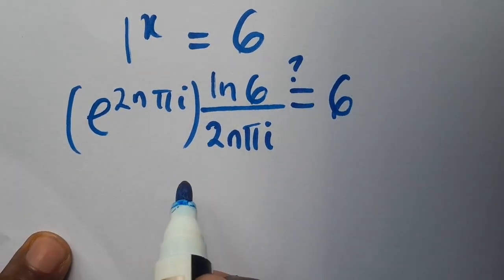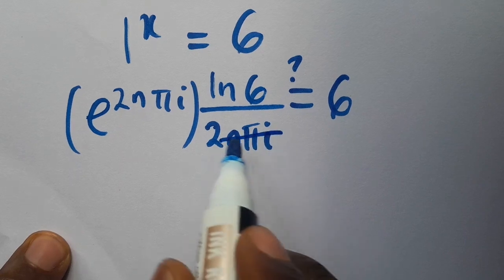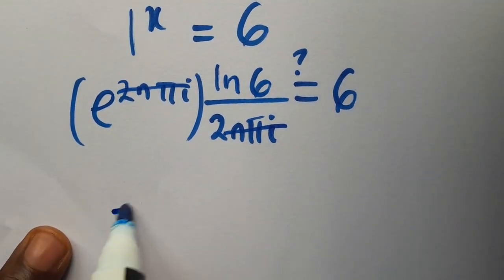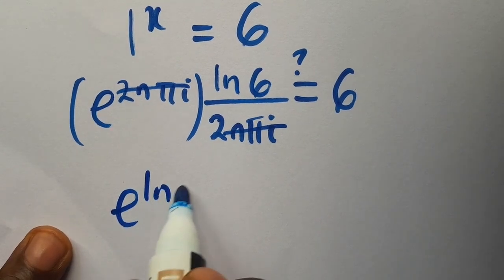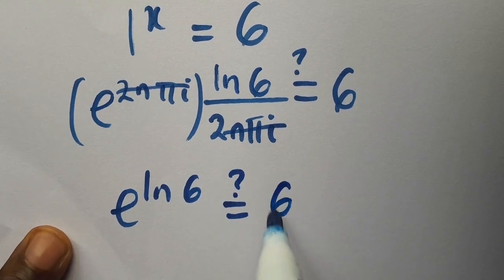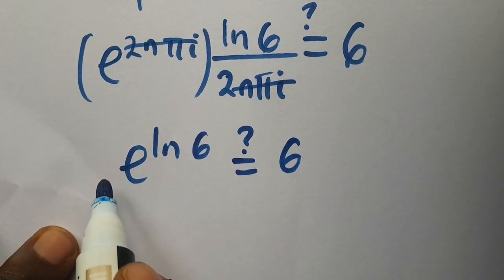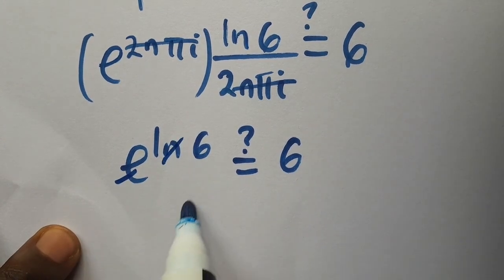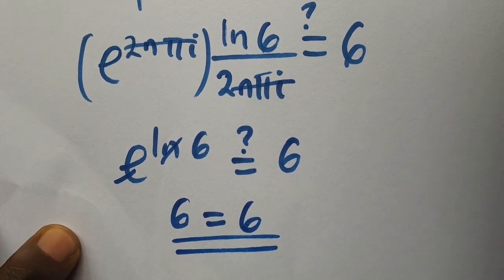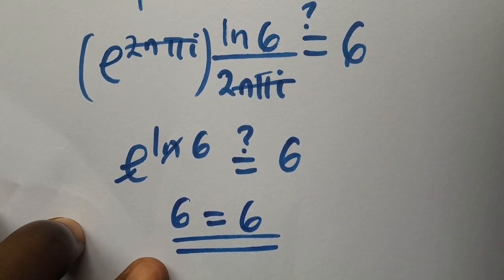Now from here guys, we have this to cancel this, so we have e to the power of ln of 6, then it's going to give us 6. The exponent and natural log cancel, so 6 equals 6. And that's how to check.